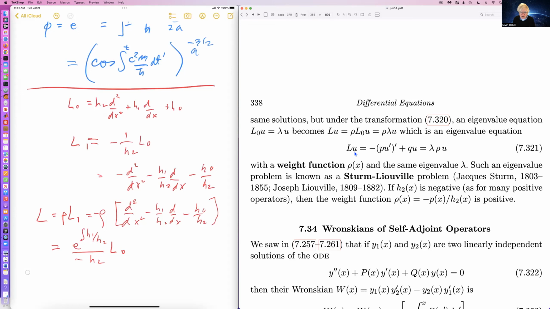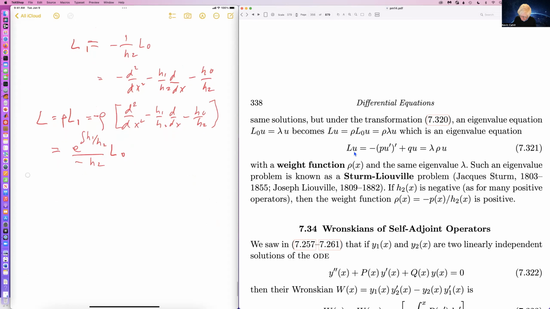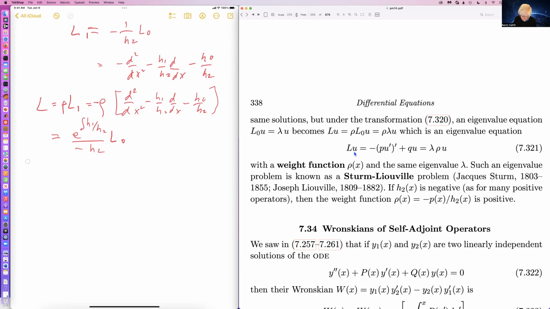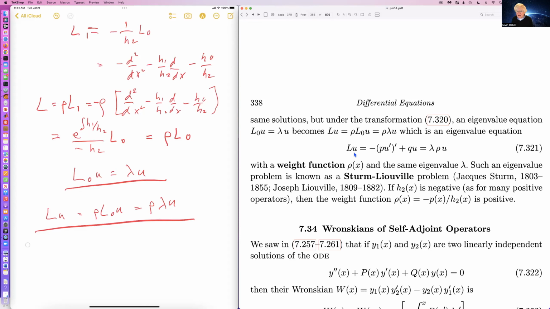And then if we have an equation, L0 U is equal to lambda U, then what happens? Well, you multiply, this is really just rho L0, isn't it? And so, in fact, L on U is rho L0 on U, that's rho lambda U. So if U satisfies this equation, then LU satisfies that equation.